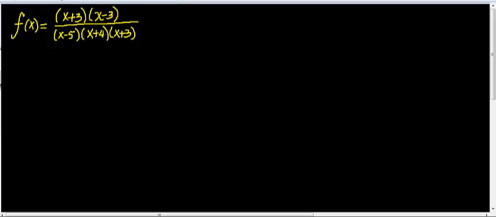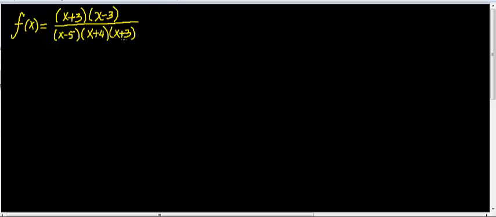Already, before I start looking for asymptotes, I can see that I have a factor of x plus 3 in the numerator and a factor of x plus 3 in the denominator. Already I know that I will have a 0 in the numerator and a 0 in the denominator because they share this factor.